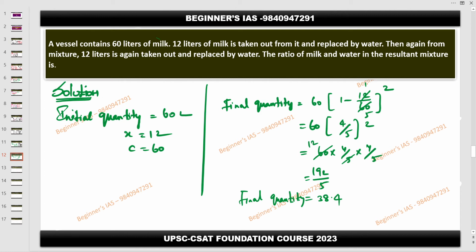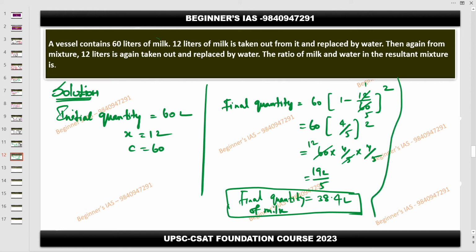Now the ratio of the milk and water. Listen carefully, it's quite simple. This one is the final quantity of the milk, since you are doing it with respect to the milk. So here it is 38.4 liters. Then out of 60 liters, how much water will be there in the final quantity? 60 minus 38.4, simple, the remaining quantity is water.